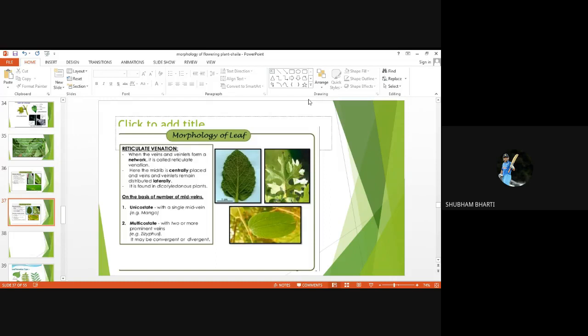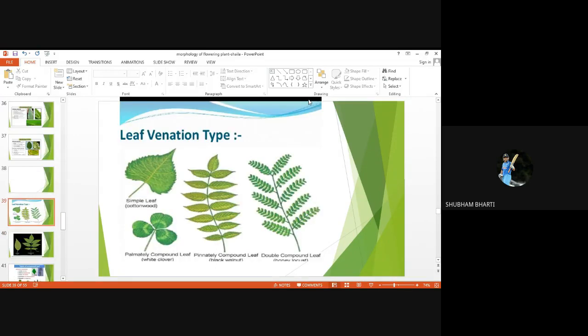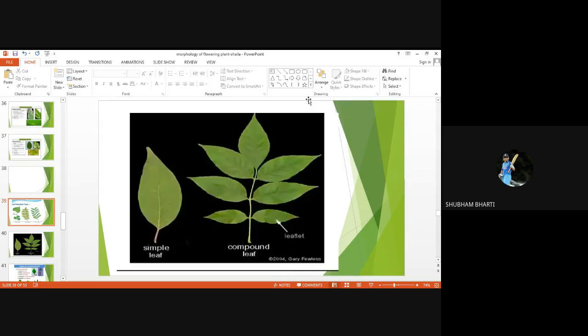These are modifications of multicostate venation; it may be convergent or divergent. Next, leaf types: simple leaf, palmately compound leaf, pinnately compound leaf, and decompound leaf. These are the different modifications or leaf types.